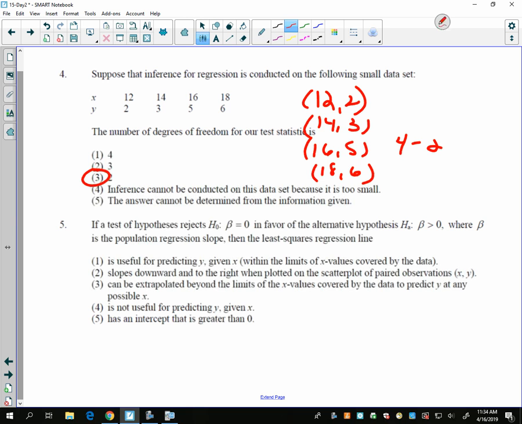The null for the inference for regression is that the 2 variables don't have a linear relationship. If you reject this in favor of this, it's saying that x is useful in predicting y, that they do have a linear relationship. And specifically, this is a one-sided alternative: as x increases, y increases because the slope is positive. Yeah, this one actually is 1.